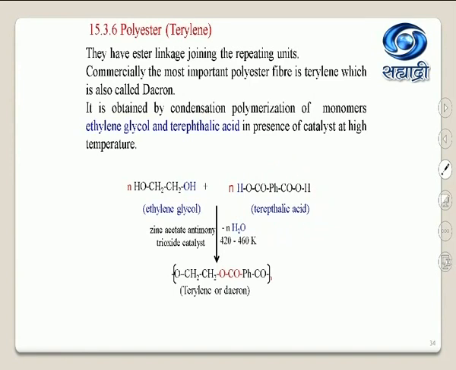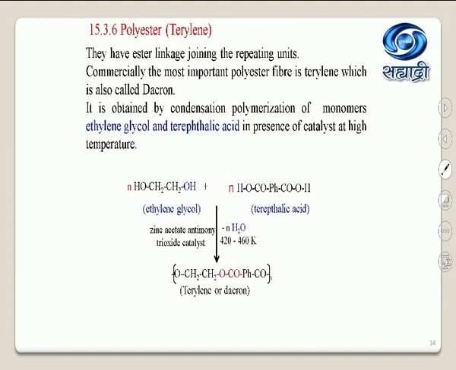So it is a condensation polymer, and therefore when ethylene glycol and terephthalic acid condense with each other in presence of the catalyst zinc acetate and antimony trioxide, and temperature is used 420 to 460 Kelvin. So in this condensation, again water molecule is eliminated.